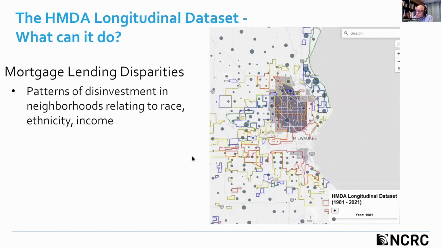So what can you do with this dataset? Again, you see our mapping application over to the right. This is showing the city of Milwaukee. We've zoomed in so that you can see the different layers that are presented, or overlays.